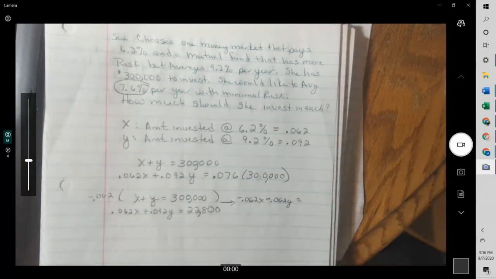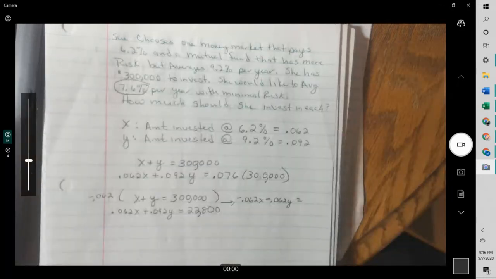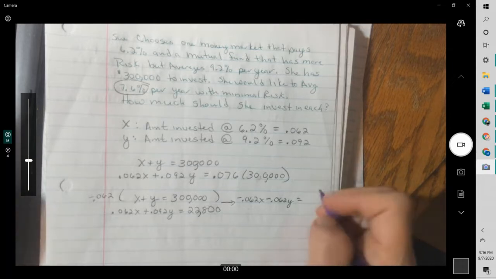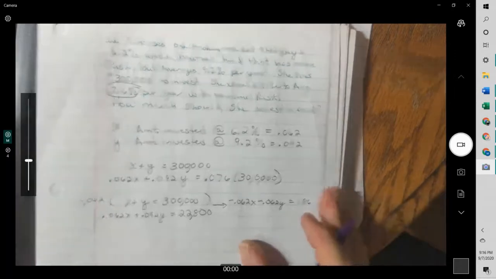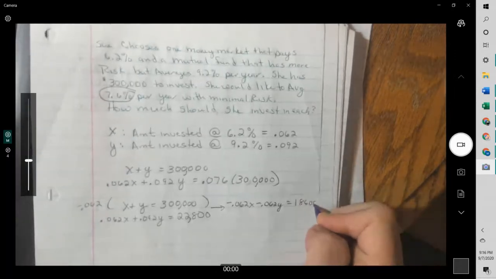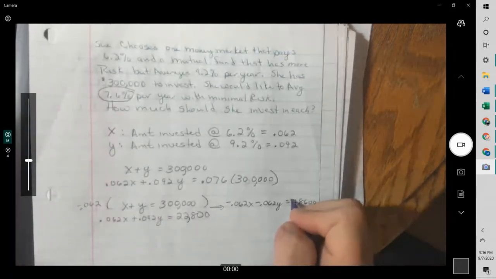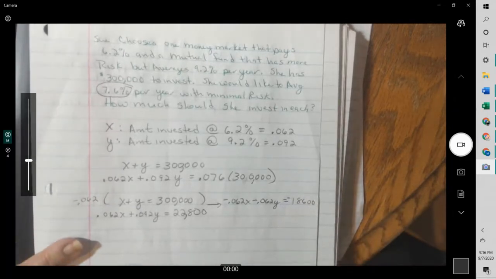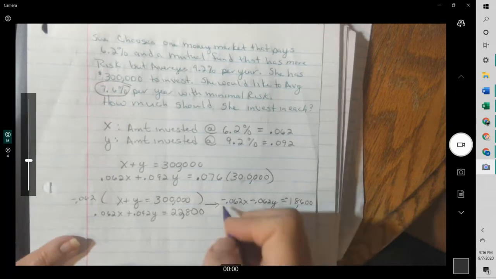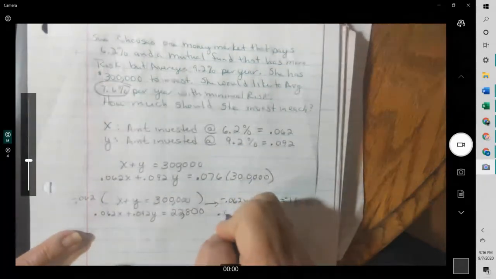So 0.062 times 300,000 is 18,600. And it is negative. This one we're not going to change.